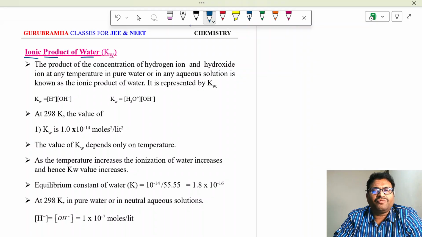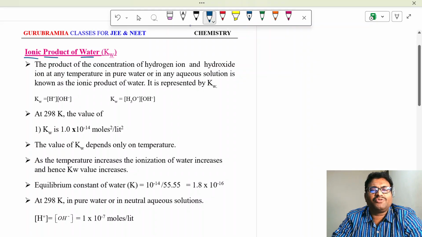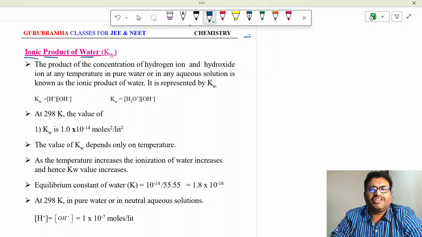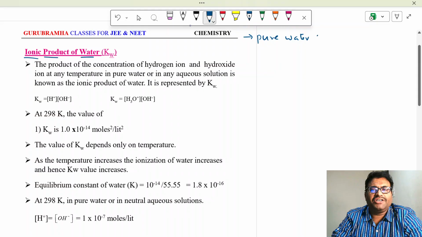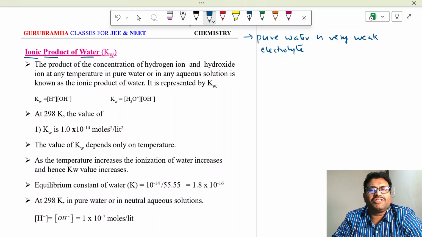So first thing is, pure water is a very weak electrolyte. What is the meaning of very weak electrolyte? Why is it a very weak electrolyte?